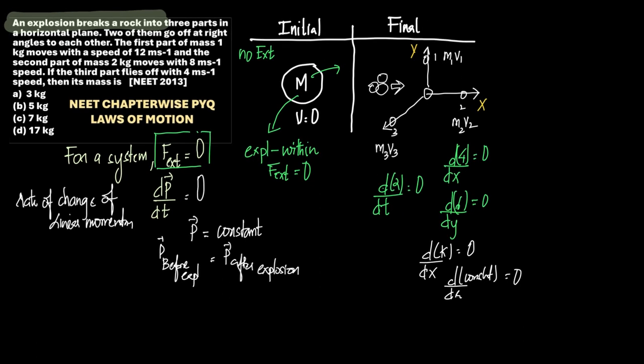In this case, what is momentum before explosion? That would be the mass of the rock, the big rock, into velocity. What is momentum after explosion? We have three parts here, right? So I'll write it like this: momentum vector 1 plus momentum vector 2 plus momentum vector 3.